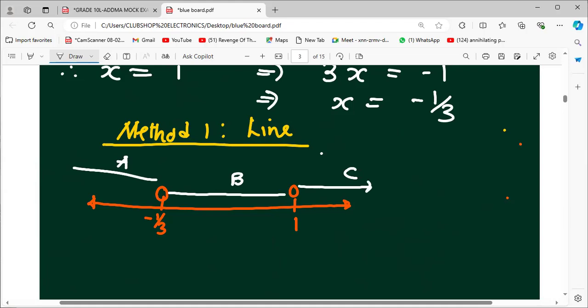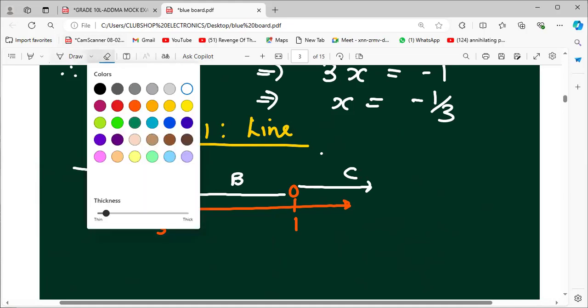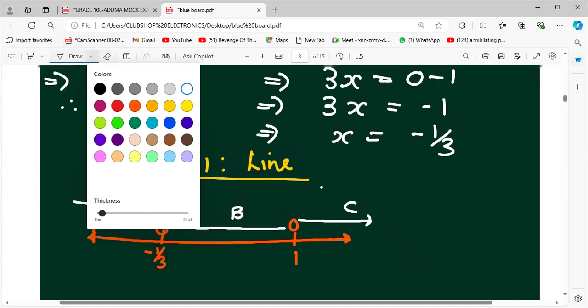Which of the regions will give us what we want? Okay, so now, to test, we are supposed to use the inequality. What is our inequality?